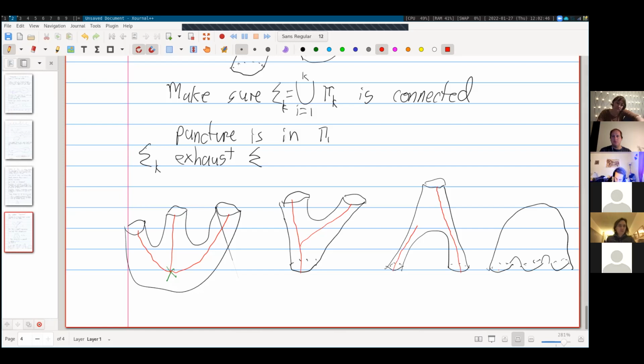And likewise, if we get to this situation, we'll just stop there. Okay, so this gives us in red the skeleton, which is this tree embedded in the surface.